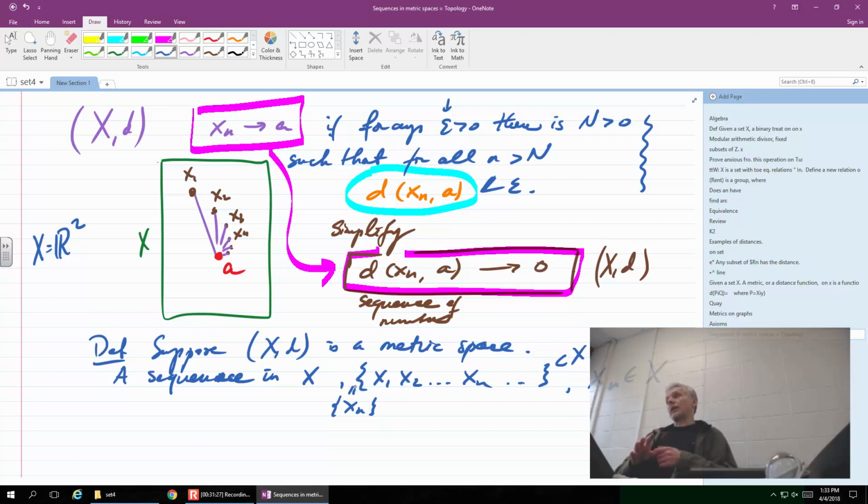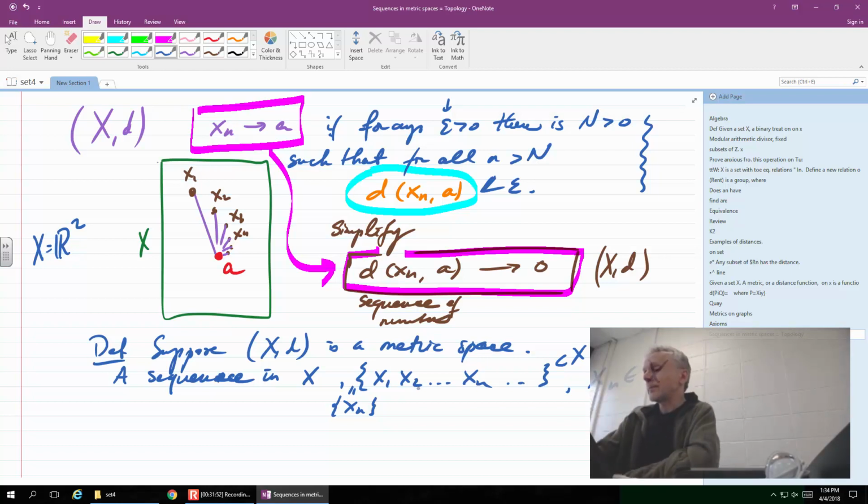So it's still set theory. We study sets, and then how do we relate sets to sets? Functions. So you study functions that relate sets to sets.